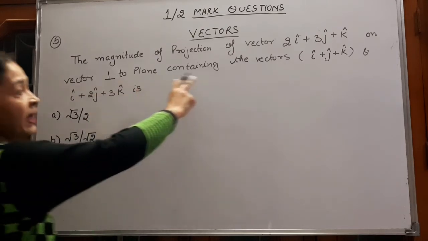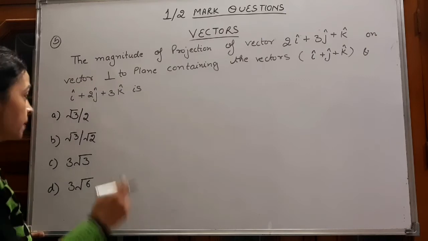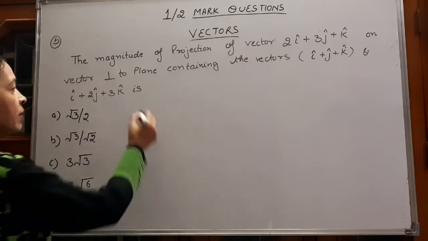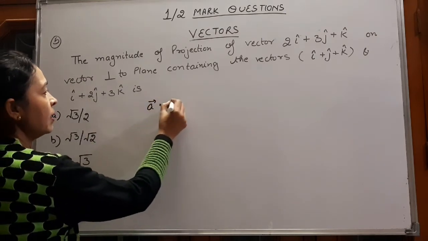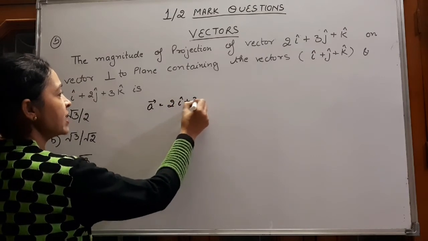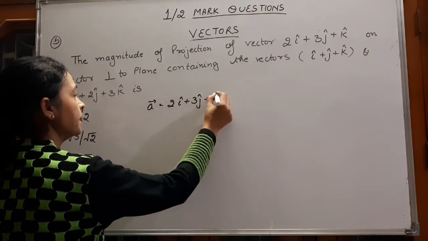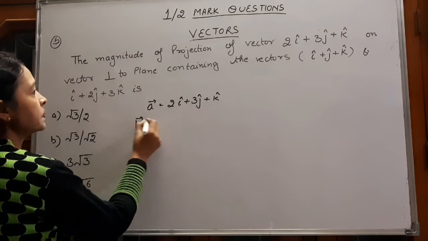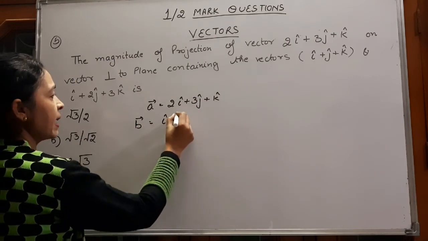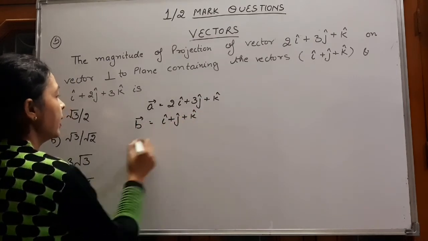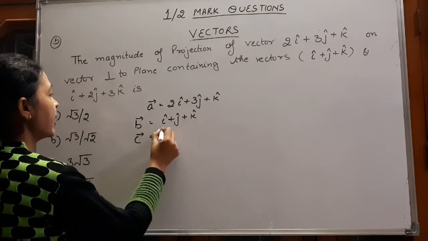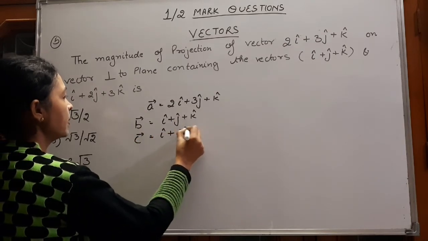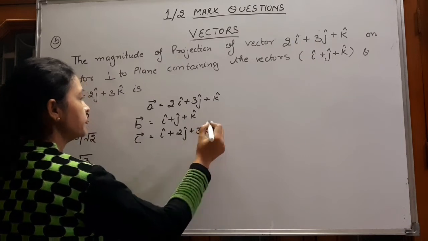The magnitude of projection of vector 2i cap plus 3j cap plus k cap on a vector which is perpendicular to the plane containing two vectors is, 4 options are given. Let vector A be 2i cap plus 3j cap plus k cap, vector B is i cap plus j cap plus k cap, and we have vector C as i cap plus 2j cap plus 3k cap.